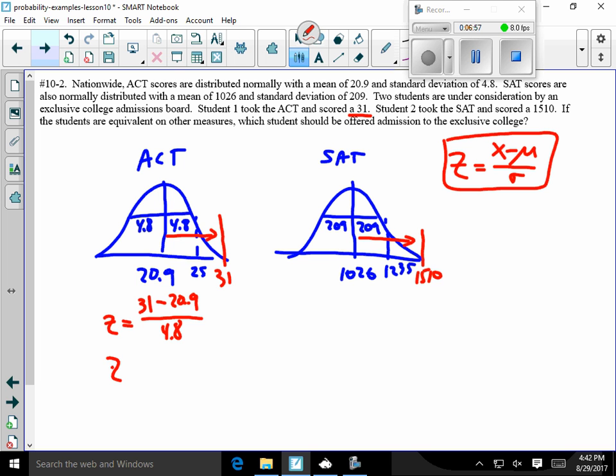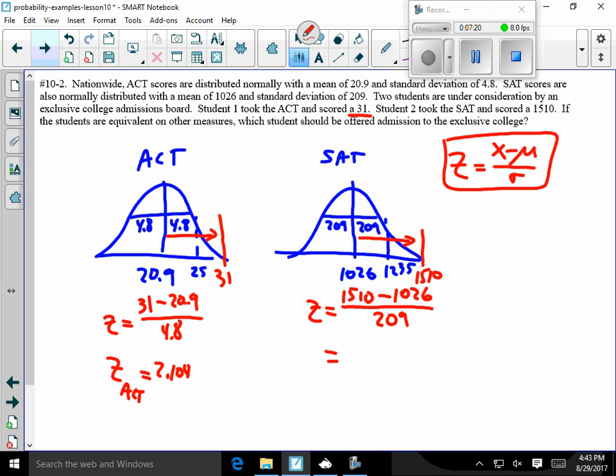And it turns out that the ACT score's z-score is 2.104. So we are 2.1 standard deviations higher than the mean. For the SAT, we can calculate a z-score as well. That would be the score 1510, the mean at 1026, and a standard deviation of 209.